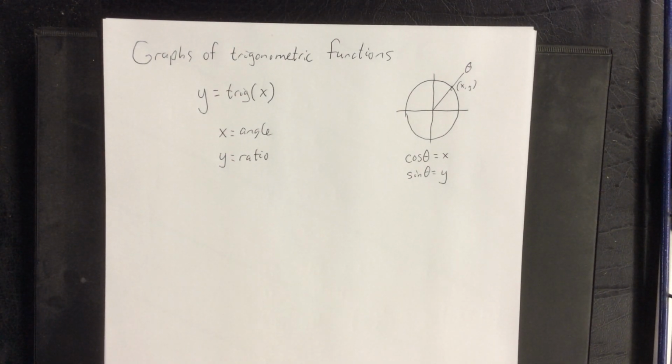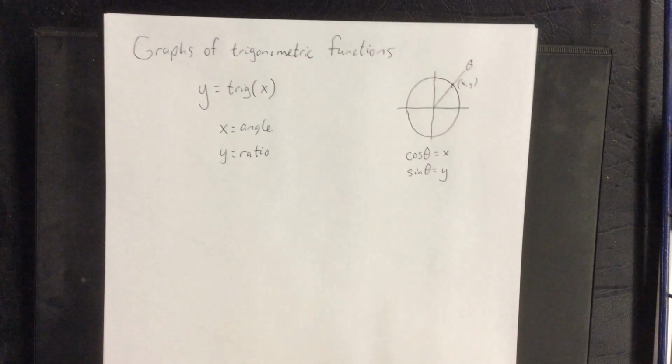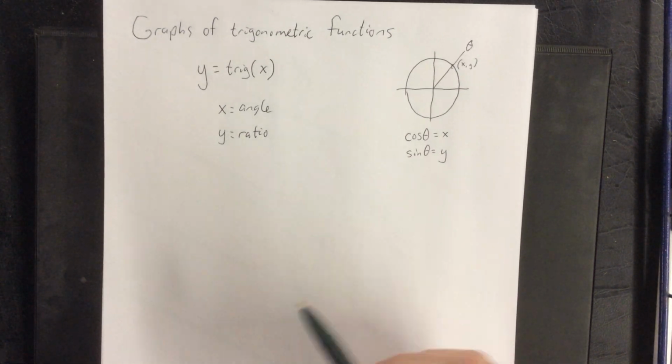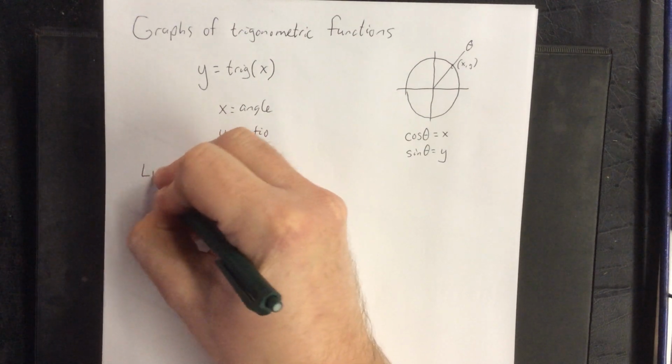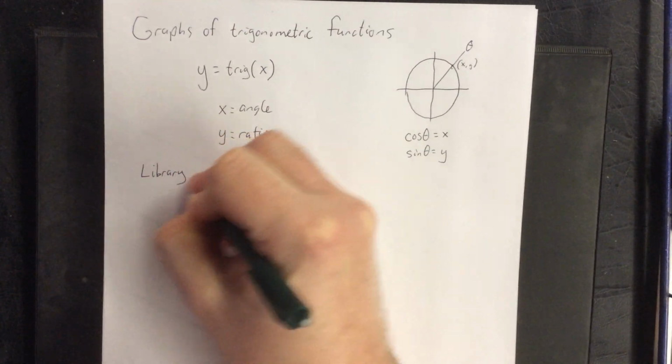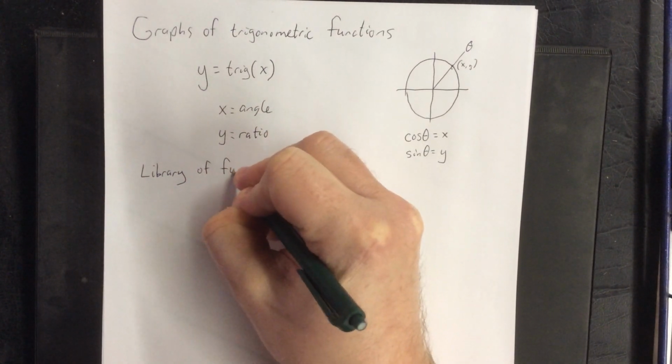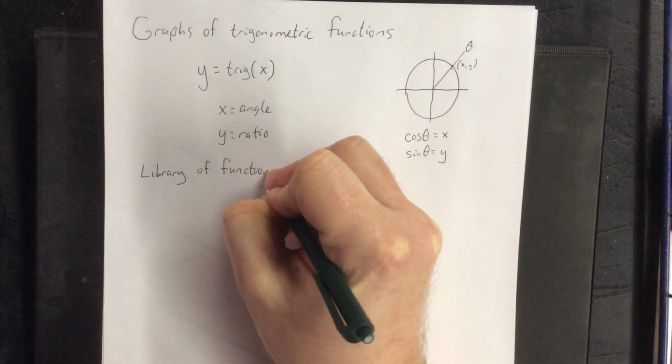So with that in mind, we have 6 different trigonometric functions, which means that we're going to have 6 different trigonometric ratios that we're dealing with in the form of these functions. Now we're going to cover the first 2 of them today, and that's going to be the sine and the cosine. So we are going to once again be expanding the library of functions.